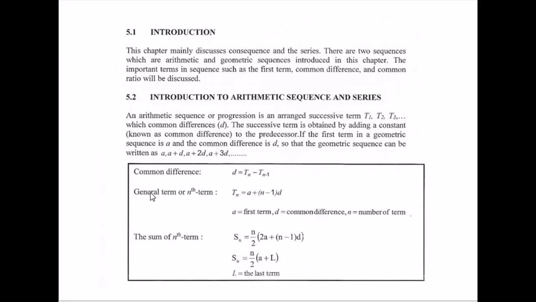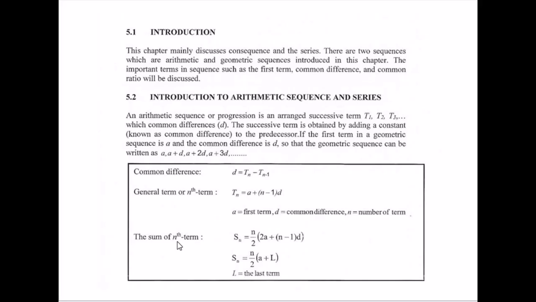And then to get the general term or nth term, the formula is Tn equals A plus (n minus 1) multiplied by D, where Tn is the term, A is the first term, n is the number of terms, and D is the common difference.